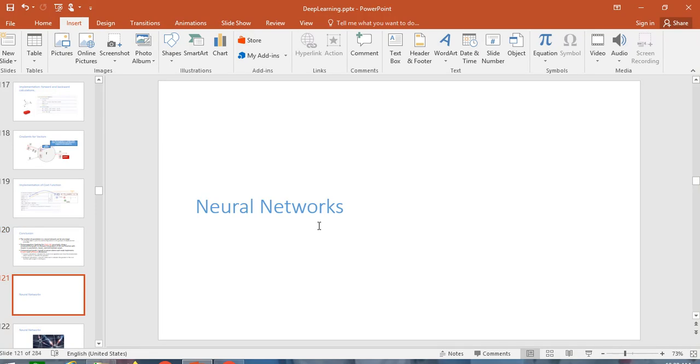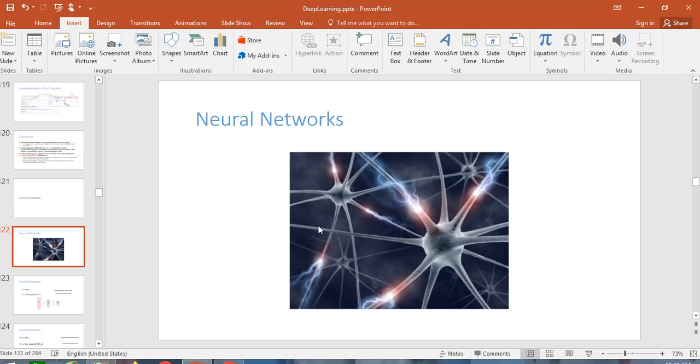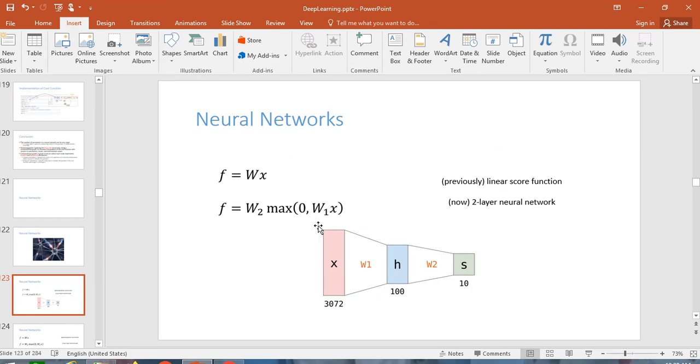Now what is a neural network? We will calculate W multiplying X, then we will apply a nonlinear function on it. Now I will explain the reason, and this part is very important. A simple nonlinear function such as the max function.